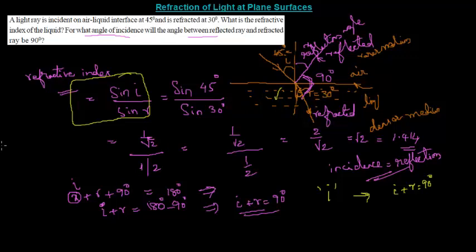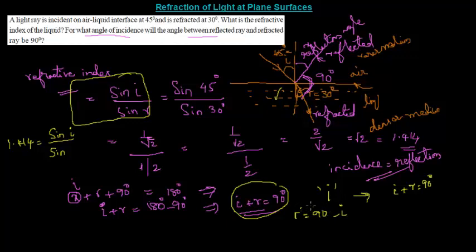So, I'll write 1.414 is equal to, we have to find the angle of incidence I such that the refracted ray and the reflected ray have 90 degrees in between them. Now, sin R. For this condition, you should apply I plus R is equal to 90 degrees. That means R is equal to 90 minus I.